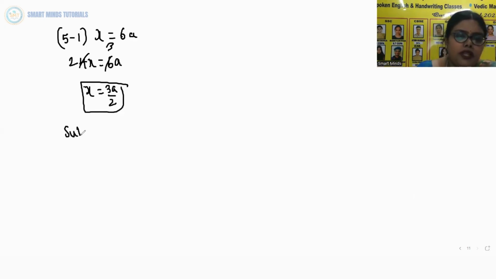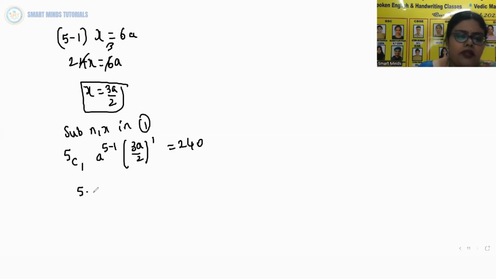Now substituting n and x in equation number 1, you will get 5C1 a^(5-1) times 3a by 2 to the power 1 equals 240. So 5C1 is 5, a^4 into 3a by 2 equals 240.